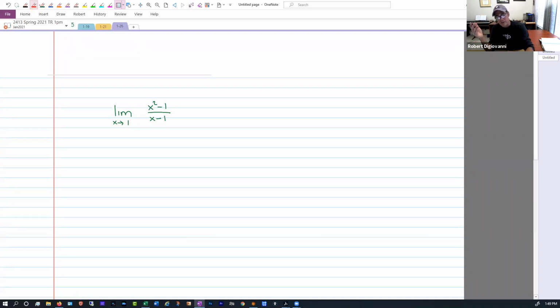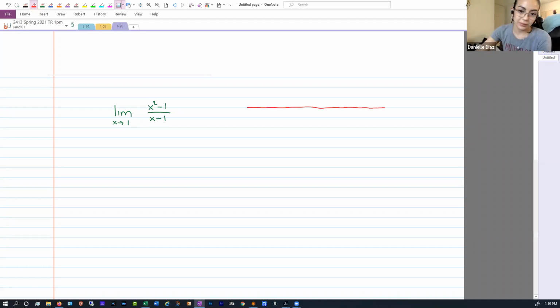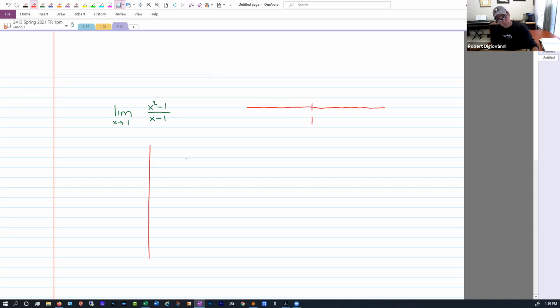So the idea is this, everyone. We don't know what the graph looks like, but what we know is we have to approach 1 from both sides. So I'm just going to make a table where I plug in some values of x and see what this function spits out. Also, Danielle, what would happen if we actually plug 1 into the function?